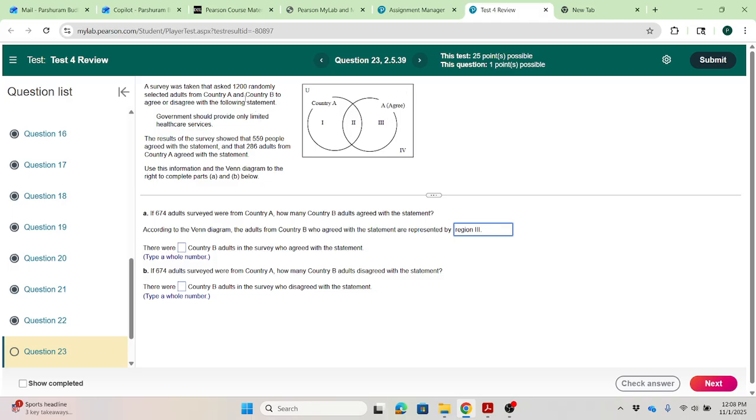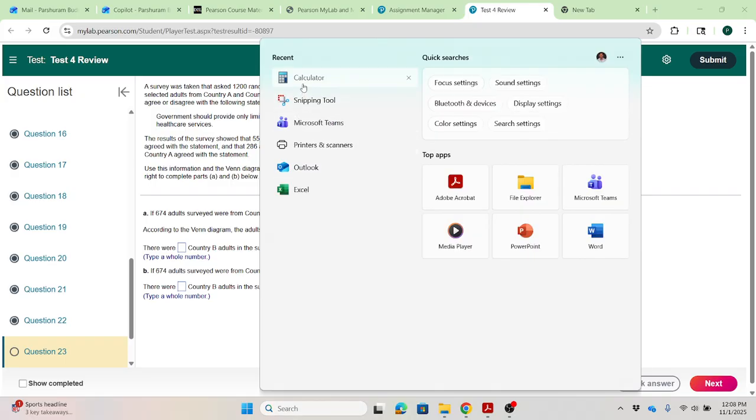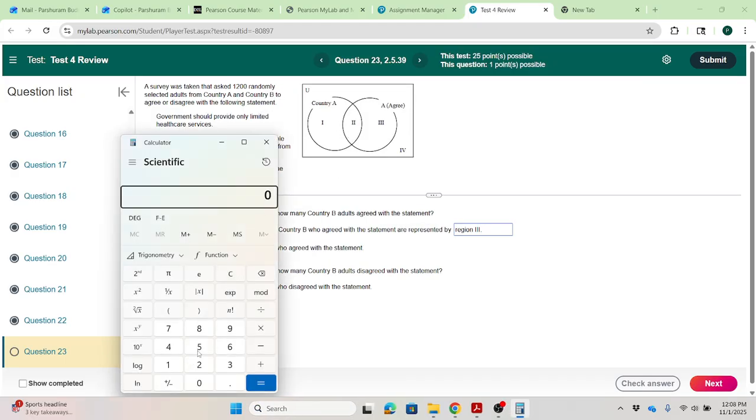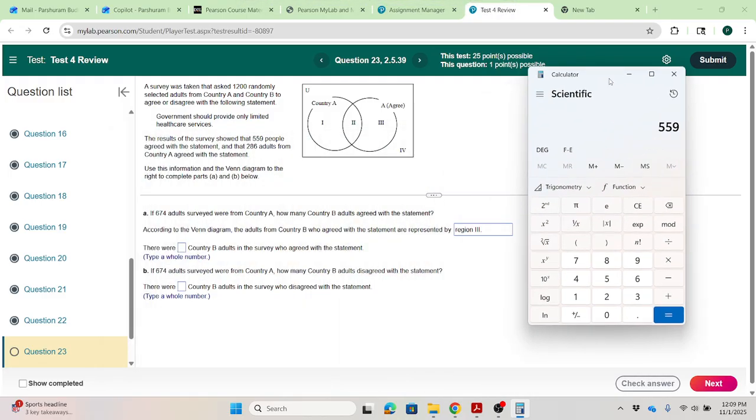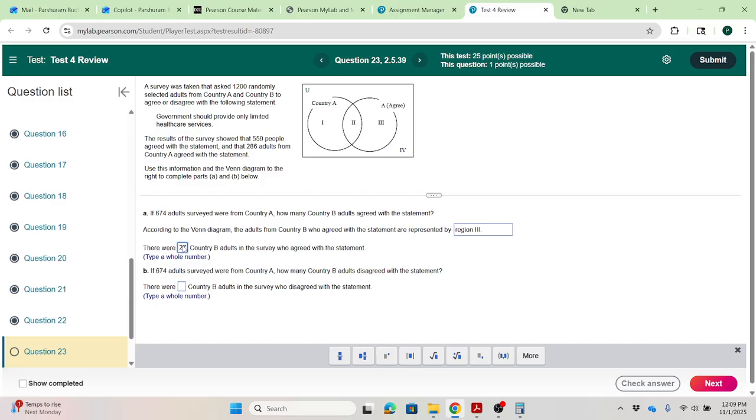So altogether there are 559 agreed. So I'm going to subtract. Out of 559 total agreed, 286 are from country A. So I have to subtract from country A, which is 273. That's supposed to be from country B.